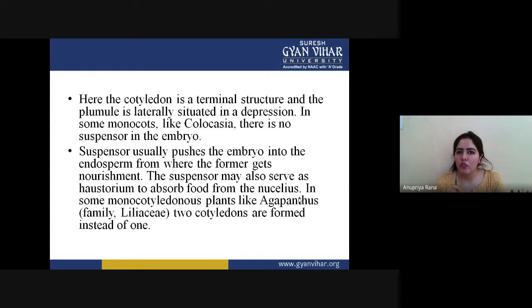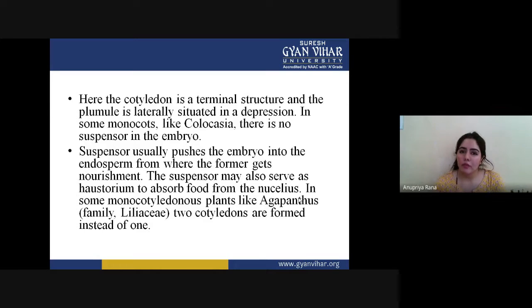Some plants which show this kind of function of the suspensor, like Agapanthus of the family Liliaceae, appear to have two cotyledons instead of one. What happens in that case is that if they have extra storage material, the extra storage is obtained from the nucellus, not from the endosperm, which is a secondary tissue providing the nutrition here.